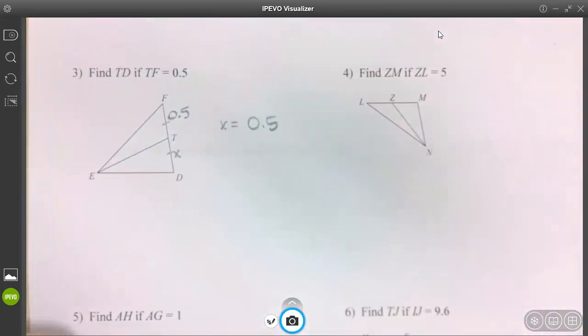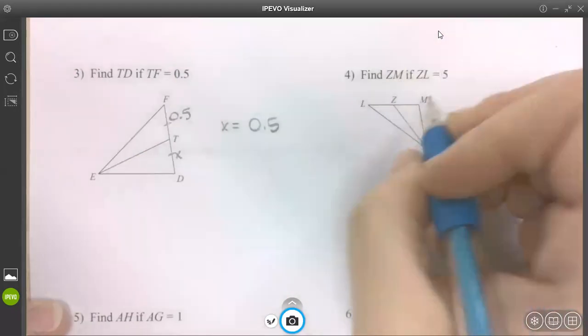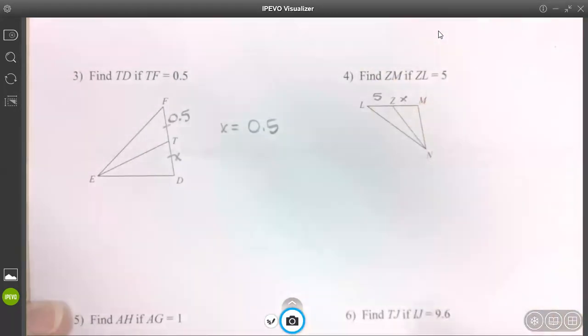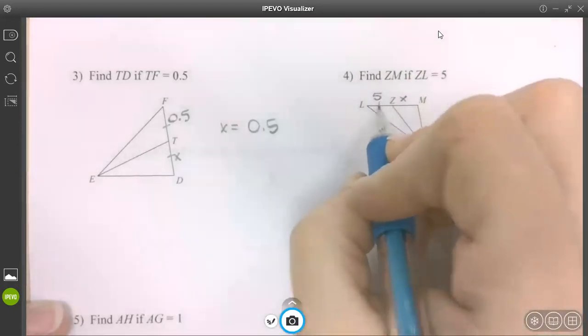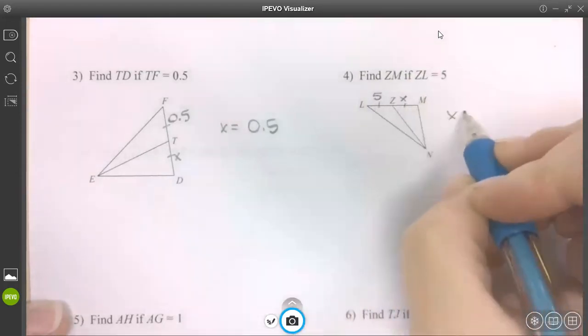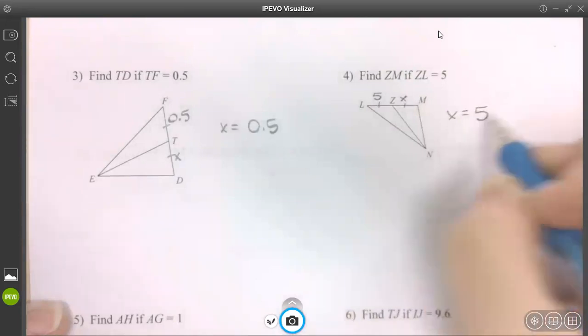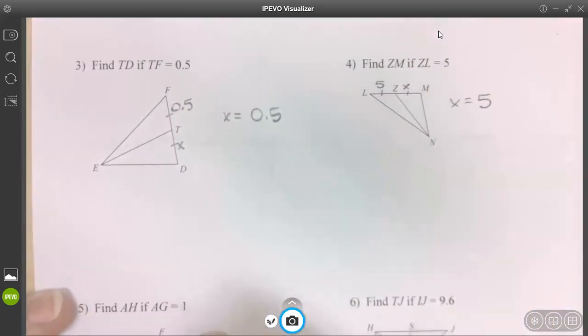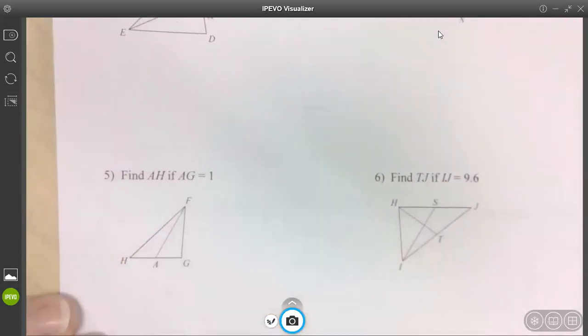Okay, does it get harder? Yes, it will, but for the most part, this is exactly what you're doing. Okay, so we're looking for ZM. It gives us that ZL is 5. Remember that the parts are equal. So ZM is going to be 5.